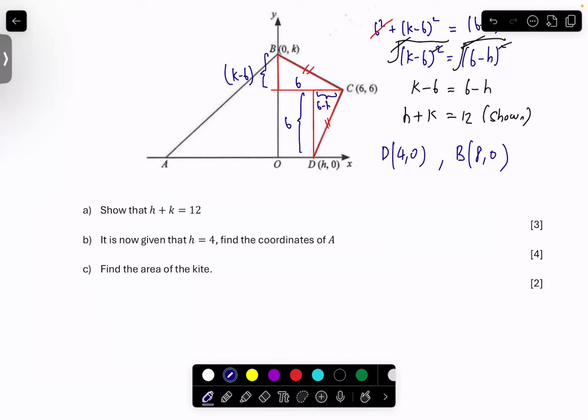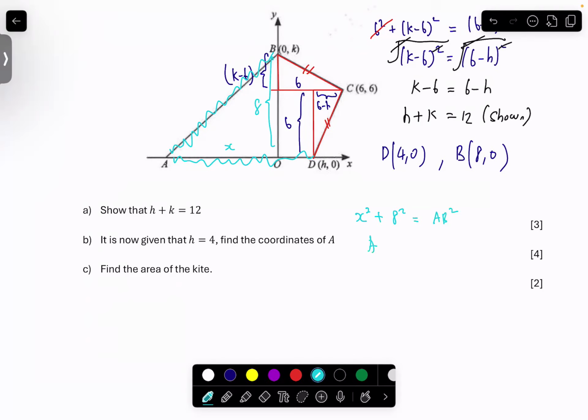In order to find the coordinates of A, what we need to understand is that AB is also equal to AD. That was given by the question. Let's say I use the value of x to represent AO. Then x squared plus 8 squared, where this is 8, must be equal to AB squared.